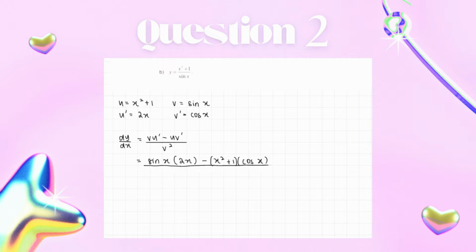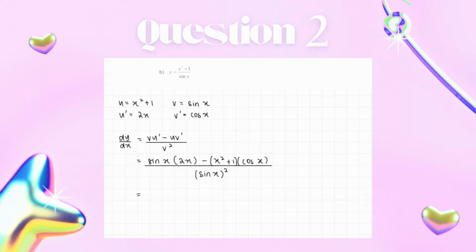Divide by sine x squared. You can leave it in this form or expand it.